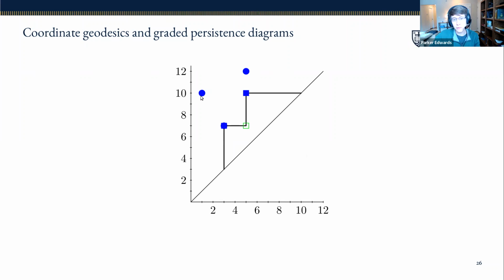And what's going to happen is we're going to watch as this circle up here moves to the right along a single coordinate geodesic. And before you cross this line along with this other circle, the graded persistence diagram doesn't change.